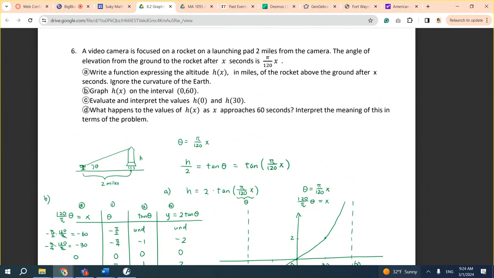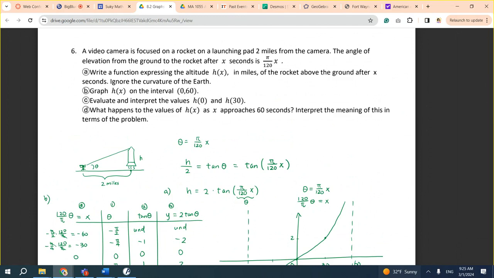So h is the height, right, everybody? Therefore, the height is the opposite, and the 2 miles is the adjacent. Opposite over adjacent is tangent theta, and we know theta is pi over 120x.